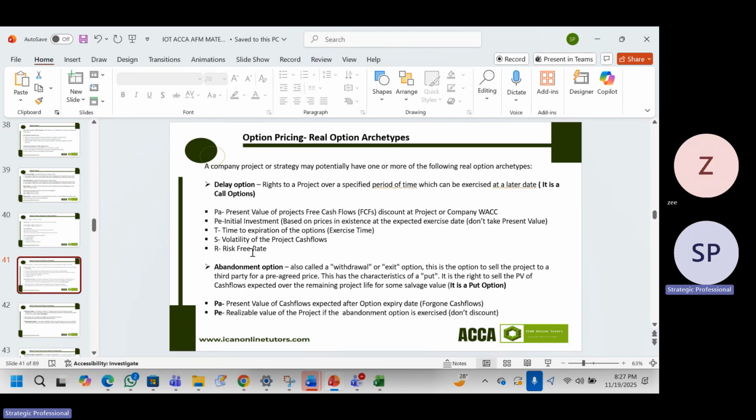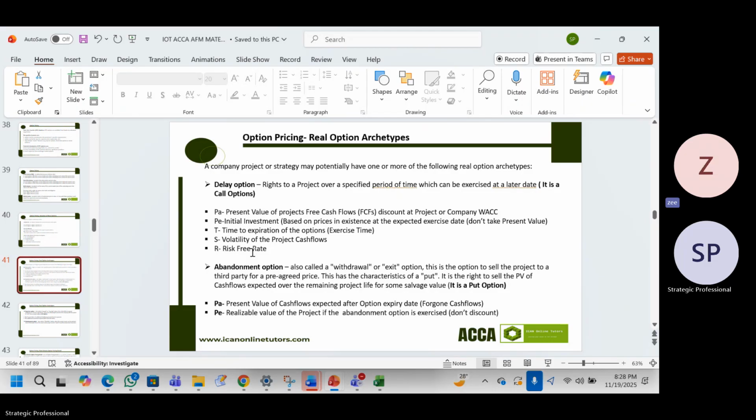Time to expiration of the option is usually almost the same. Is the time to expiration for the delay before delaying or after delaying?